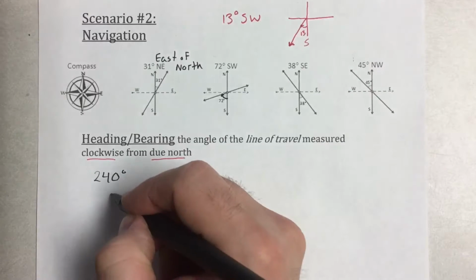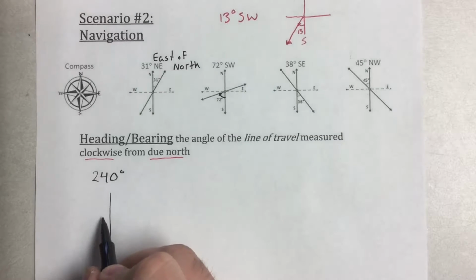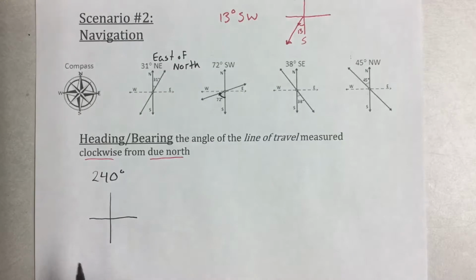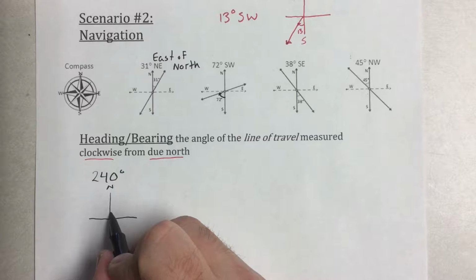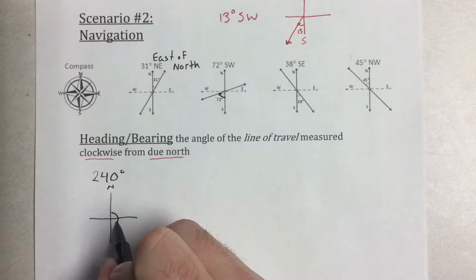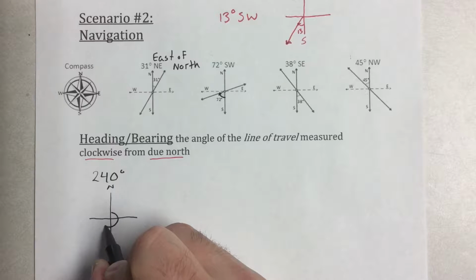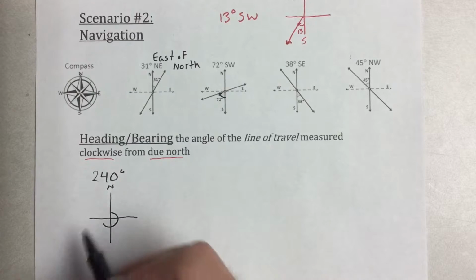So how I would use this when creating my diagram, again, creating my north, south, east, and west marker. From north, always from north, I'm going to be turning 240 degrees clockwise. So clockwise, this would be 90, this would be 180, 240 would be within this region.